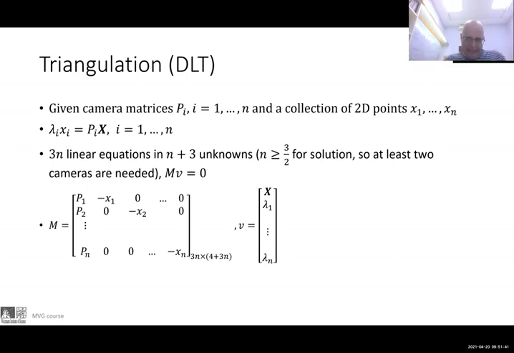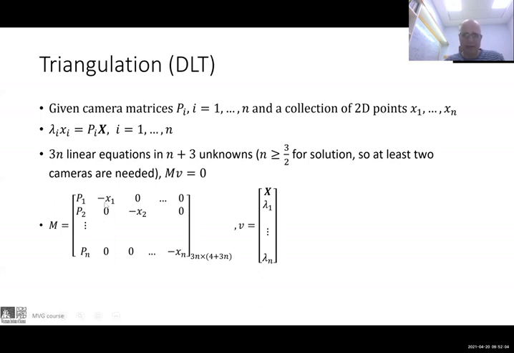And lambda i should scale every component of xi, and xi again is in homogeneous coordinates, so we write it as x, y, 1.